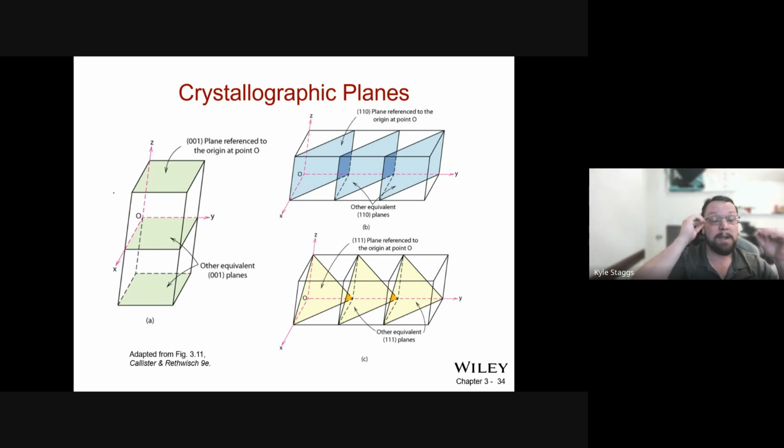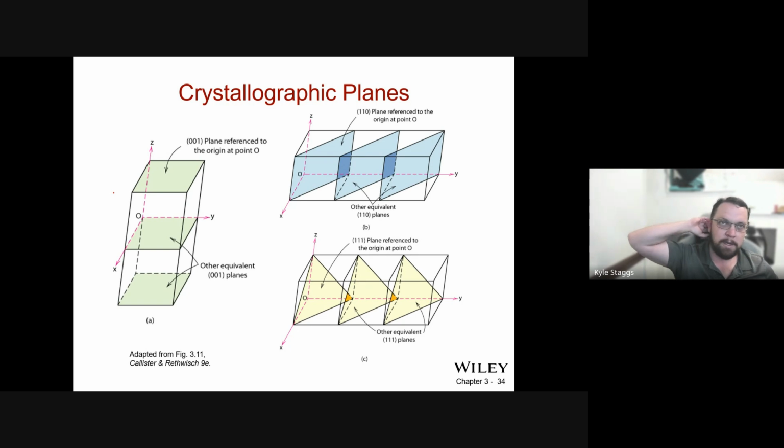We also have 110 planes. So 1 in X, 1 in Y, 0 in Z, meaning that they are infinite in the Z direction. That's what the 0 indicates. In the first case for A, 0 in the X and Y means it's infinite on the XY plane, and it is 1 in the Z. So it gives a reference point.